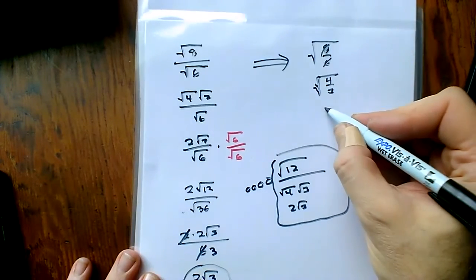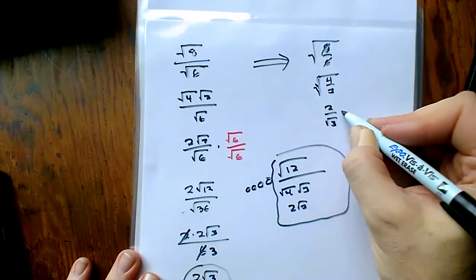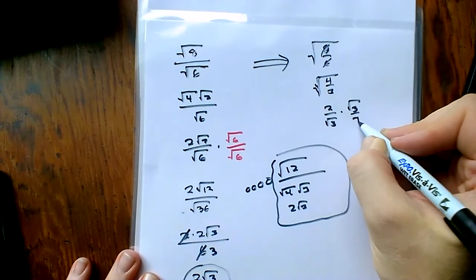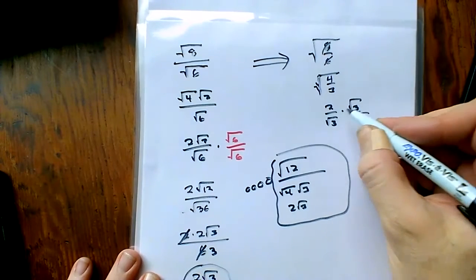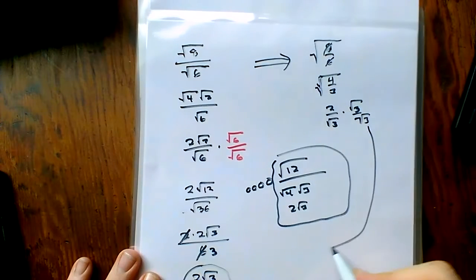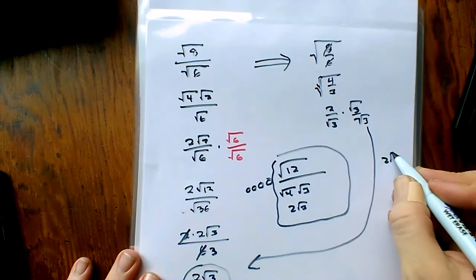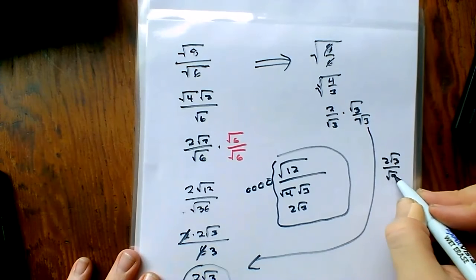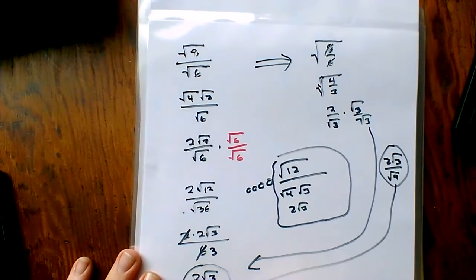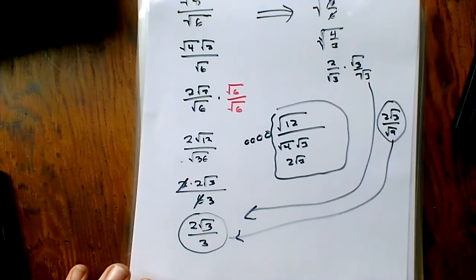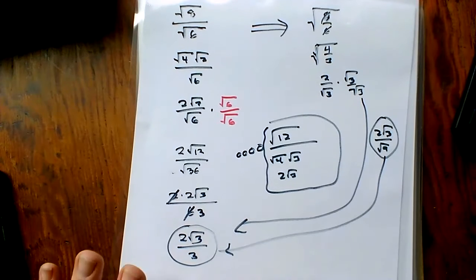And then said, oh, that's going to be 2 over the square root of 3. And then we multiply by the square root of 3 over the square root of 3. Sorry, I'd have to do 2 square roots of 3 over the square root of 9, which will get us back to here. So there is some wiggle room in our method.